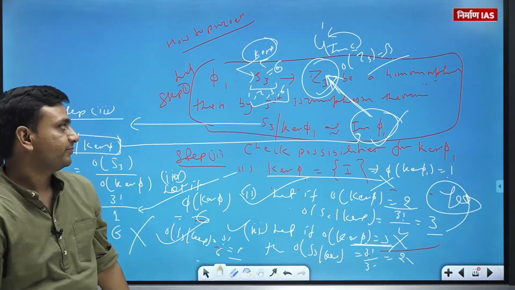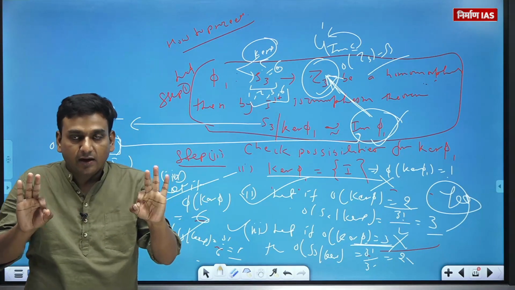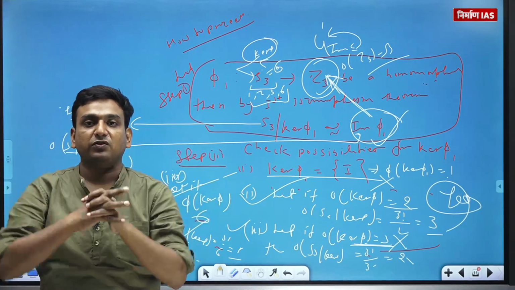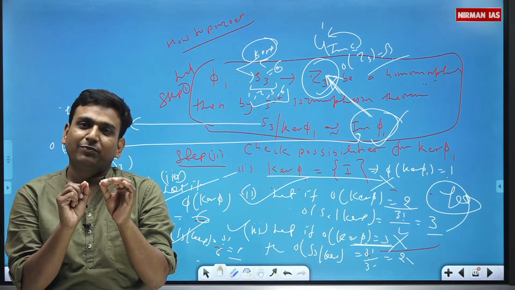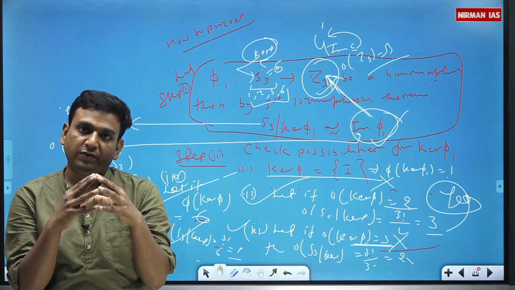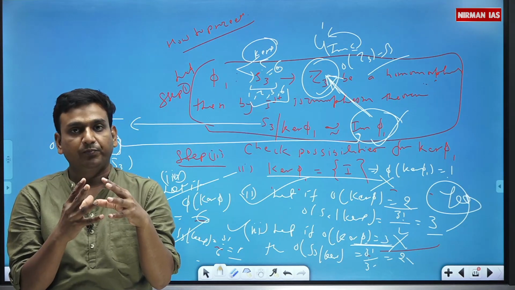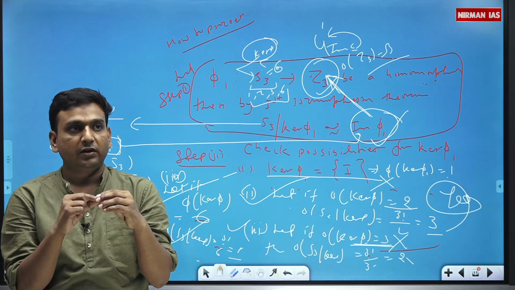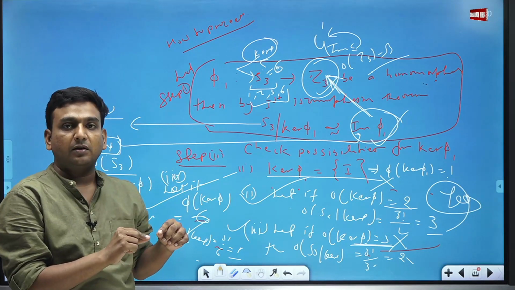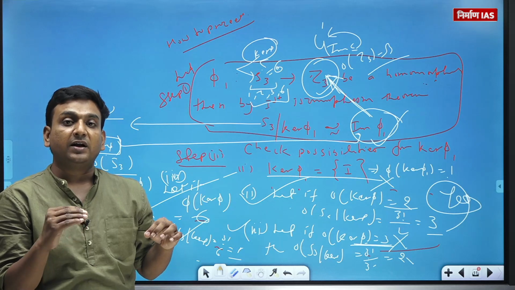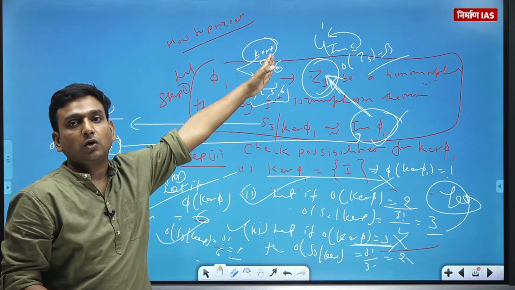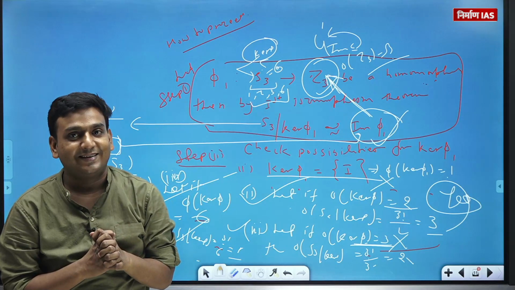So just in one line, how you will be checking possible homomorphisms. A mapping or a homomorphism phi is possible if the order of G by kernel phi, that means the order of image phi, is possible in the codomain group or not.